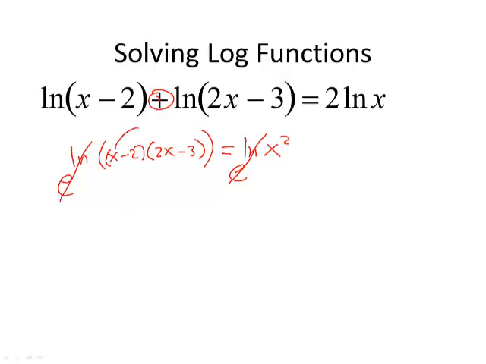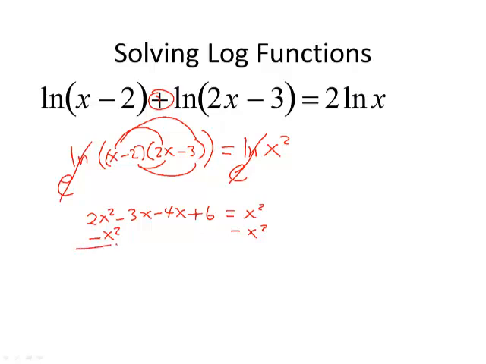So FOILing this out, I get 2x squared minus 3x minus 4x plus 6 is equal to x squared. Eliminate the x squared, make it equal to 0. That's how we solve all quadratics. We can't even use the quadratic formula if it's not equal to 0.